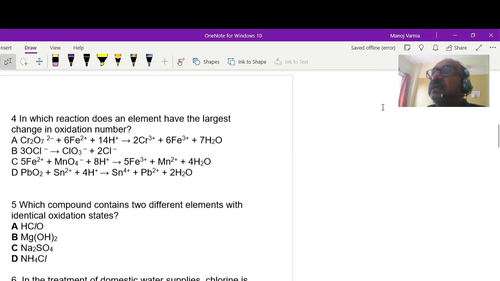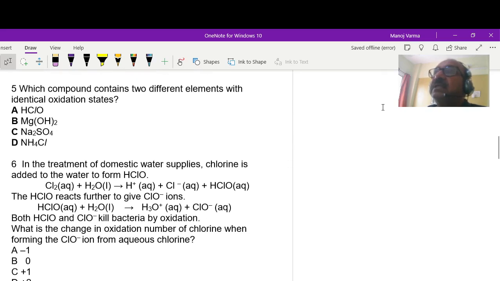So here again, I'll take this one, which is a rather unique question. Which compound contains two different elements with identical oxidation states? Two elements with identical oxidation states. Now I'm showing you how to do this.